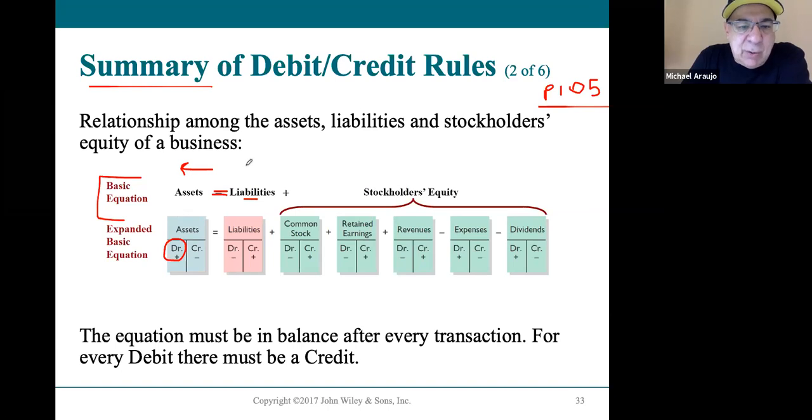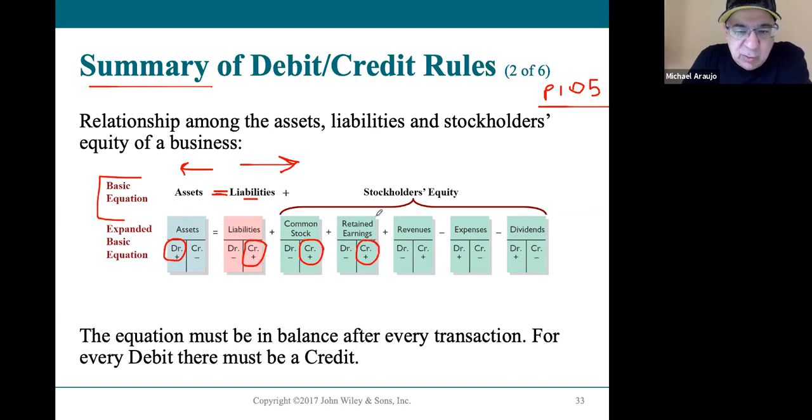Liabilities and stockholders' equity are on the right side of the equation, so they increase on the right side of the accounts. All liability accounts increase on the credit side. Common stock increases on the credit side. Retained earnings increases on the credit side.